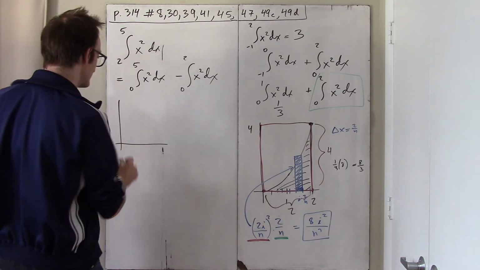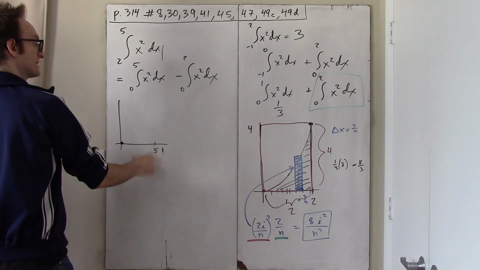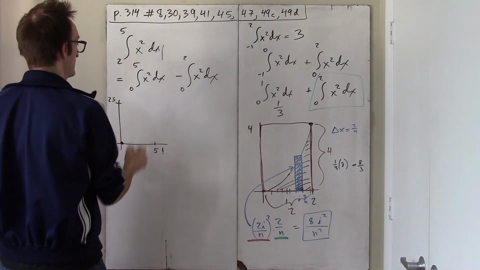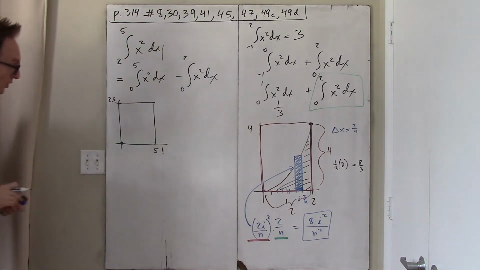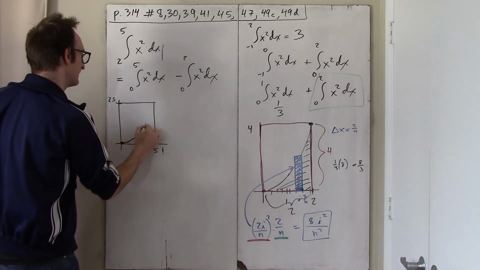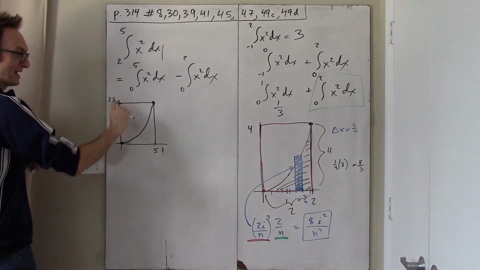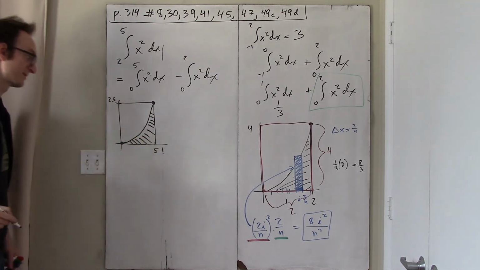What is the integral from 0 to 5 of x squared? Well, it's been stretched out 5 horizontally and stretched out 25 vertically. So this parabola, y equals x squared, lives inside this 5 by 25 rectangle and takes up 1/3 of it.